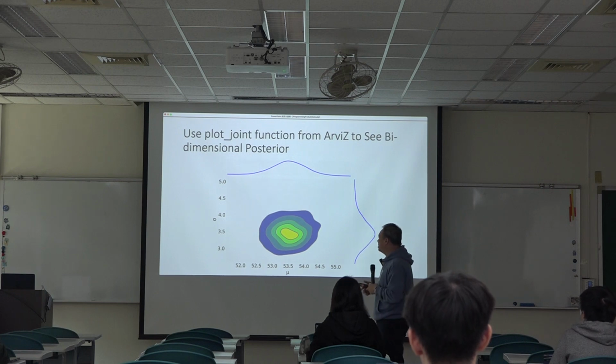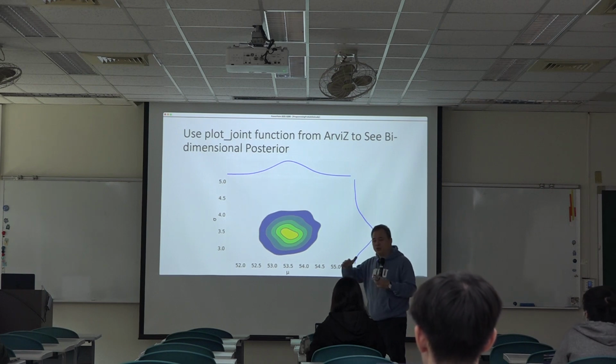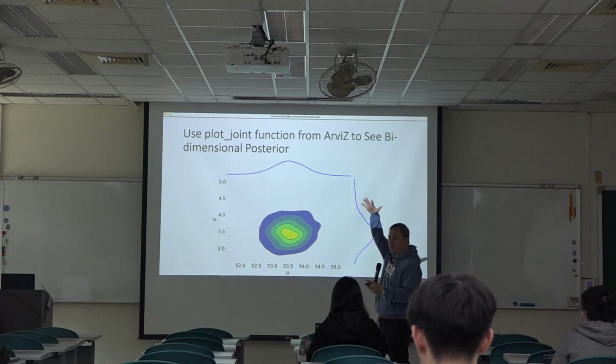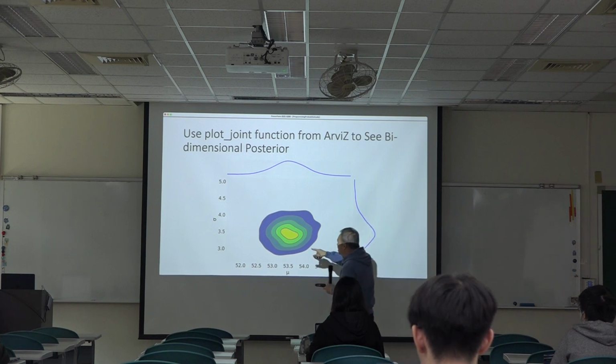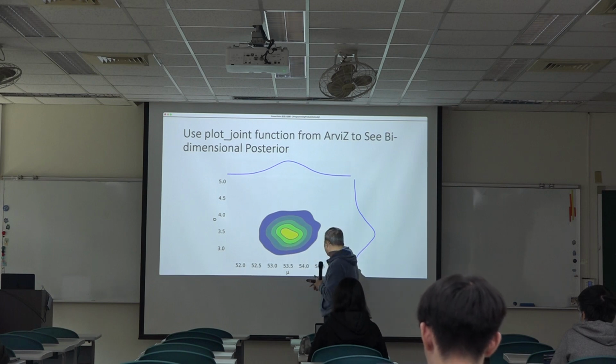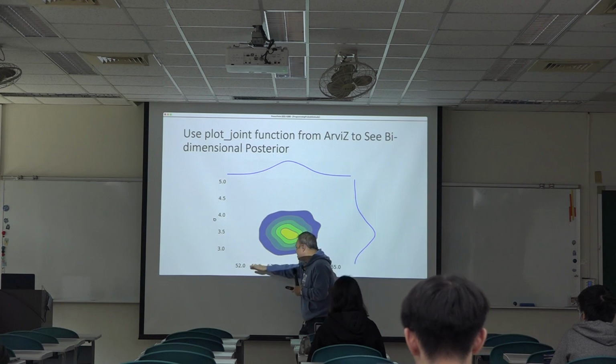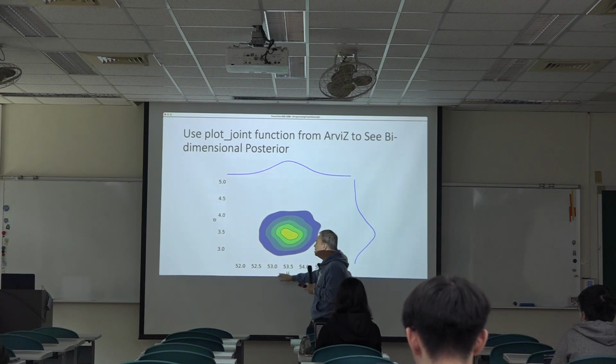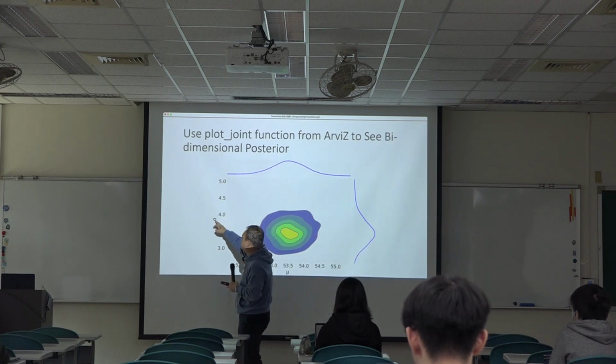Plot joint basically allows you to see the result from above, with different colors indicating different heights. The x-axis indicates the value of mu, and the y-axis indicates the value of sigma.